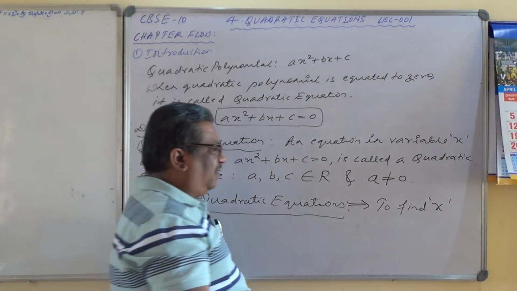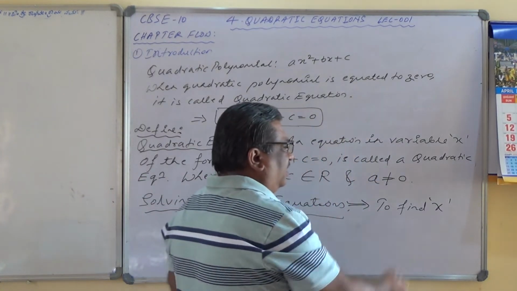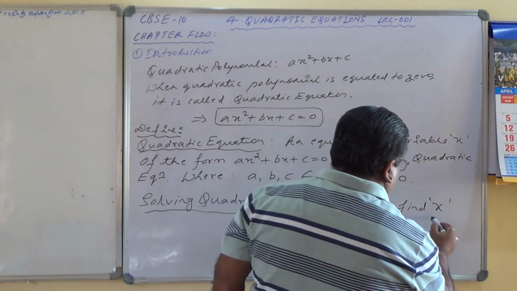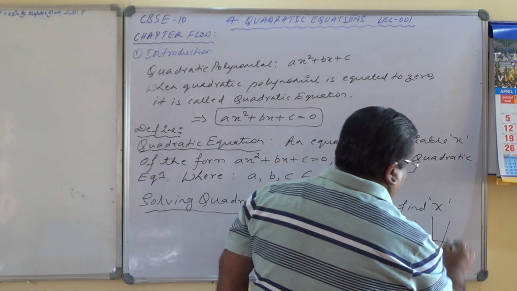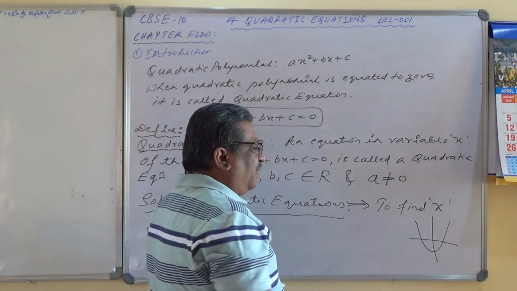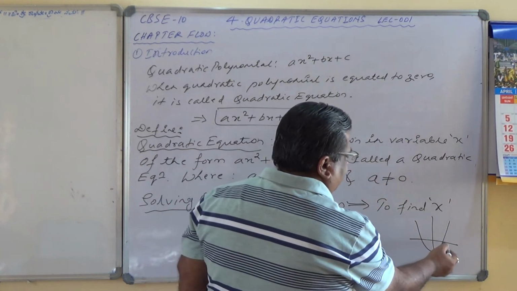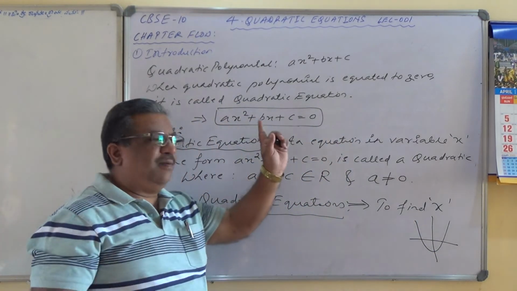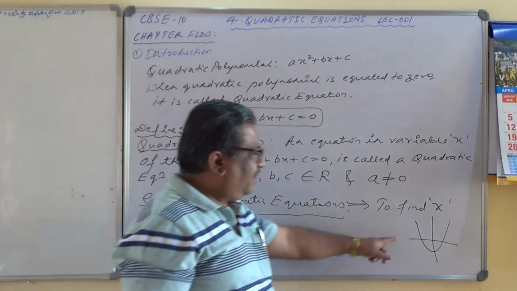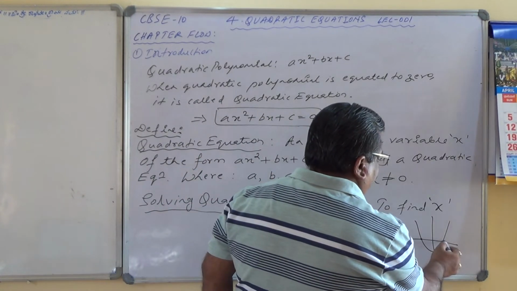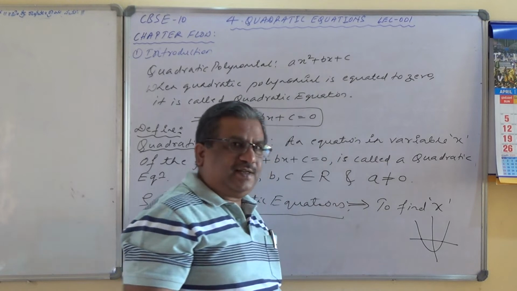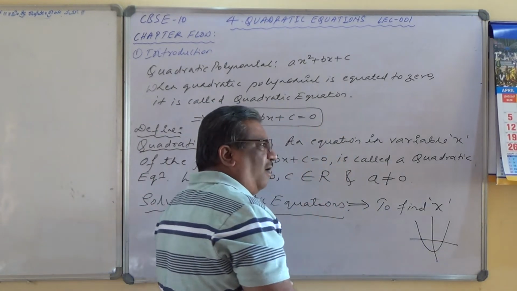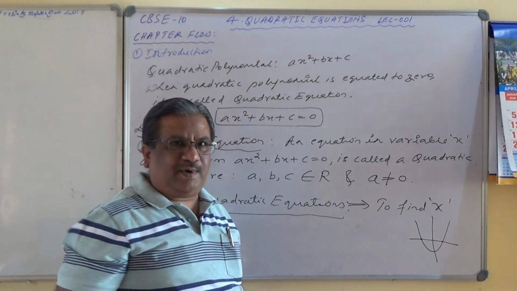Just for your information, if you plot a graph of a quadratic equation, this is how we get it. This is a parabola, and the roots or the solutions are nothing but the values of x which, if substituted in the given polynomial, reduce it to 0. You can see there are 2 points where the graph intersects the x-axis, and these two are called the roots or the zeros of the quadratic equation.